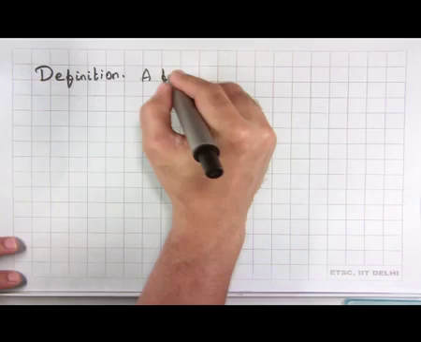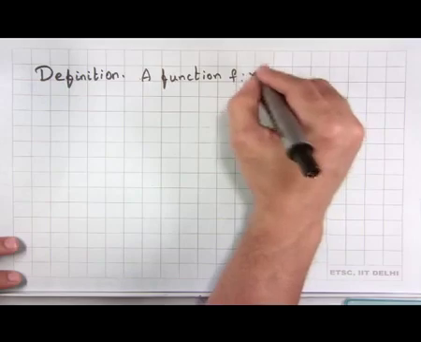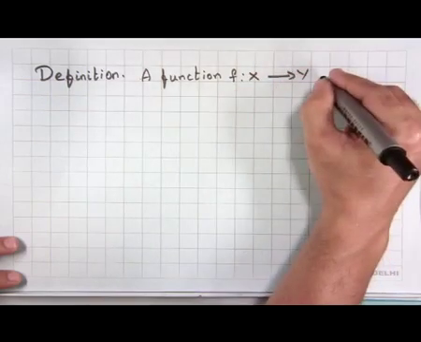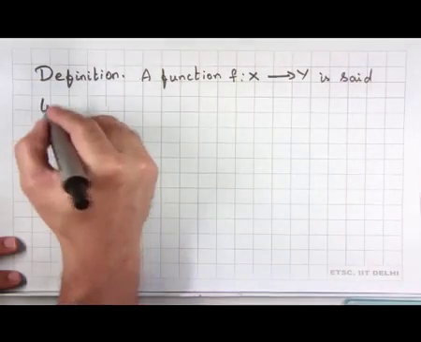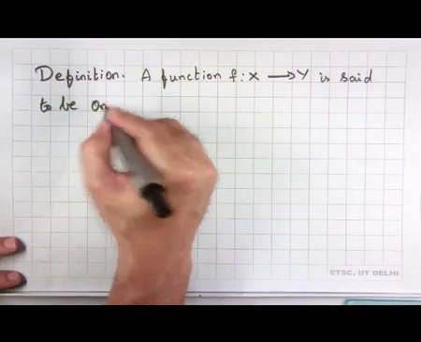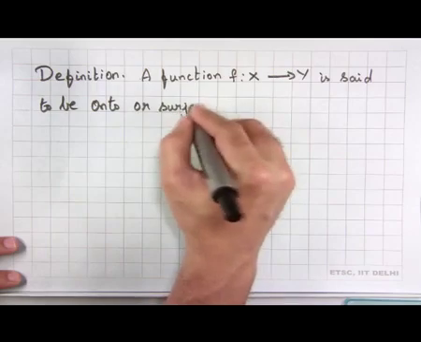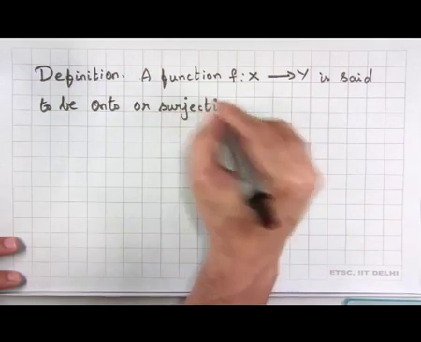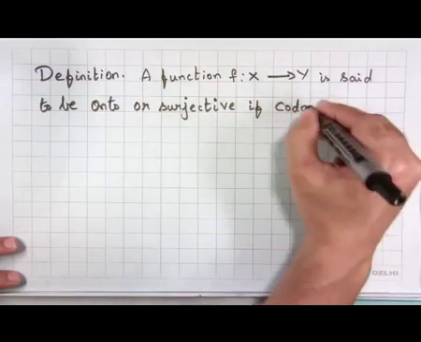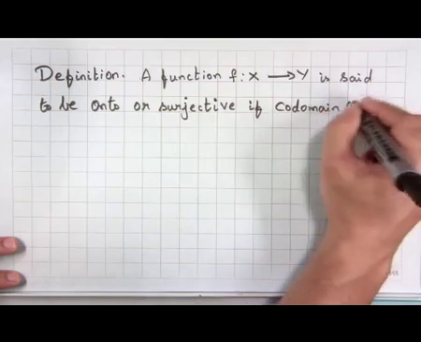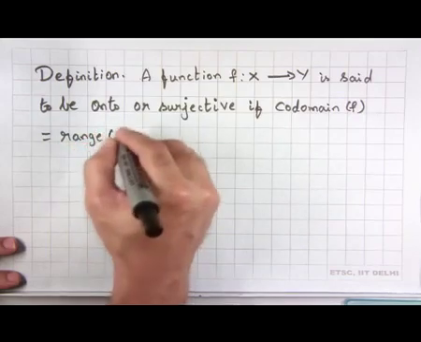A function f from X to Y is said to be onto or surjective if the codomain of f is equal to the range of f.